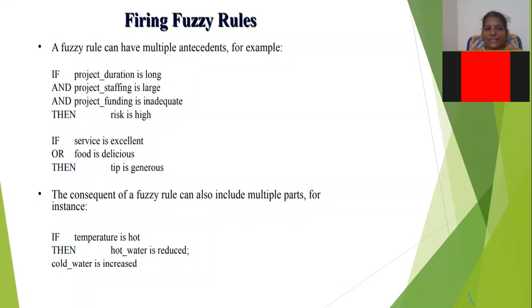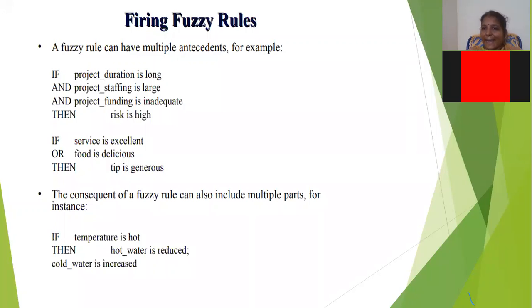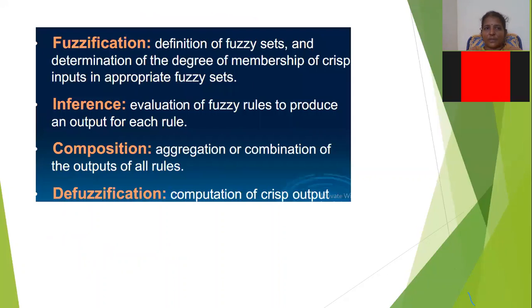For example, if the temperature is hot, then hot water is reduced and cold water is increased. Likewise, you may have multiple antecedents and multiple consequents. Hope you understood these examples.